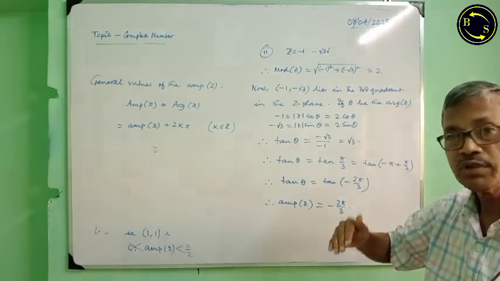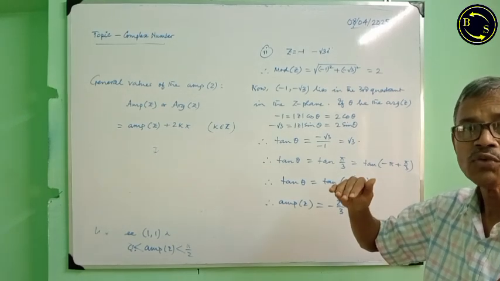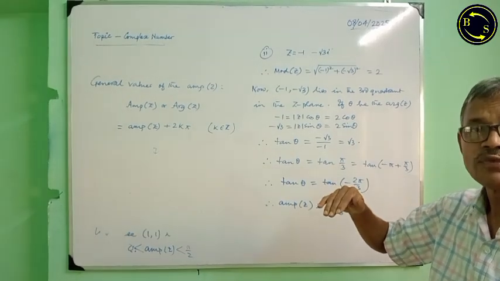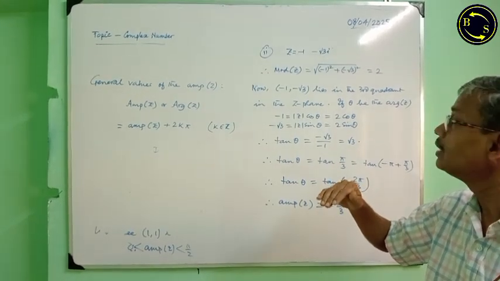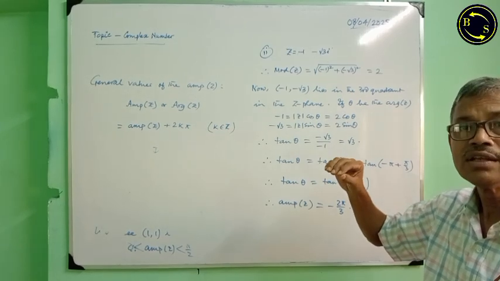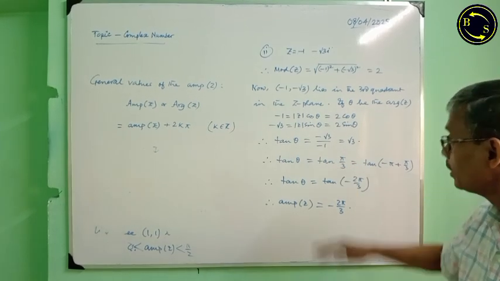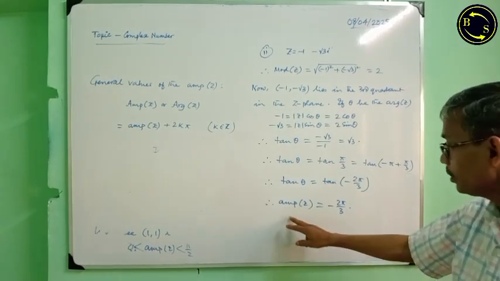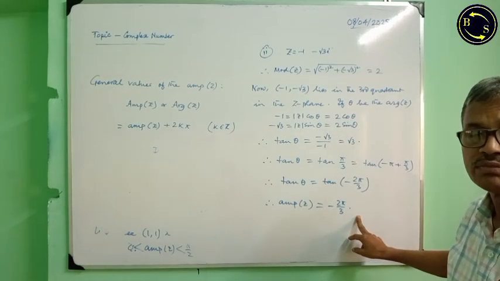But if it lies below the x-axis, then you express it in negative angle form, which will lie within 0 and minus pi. I have followed that and got the amplitude minus 2 pi by 3.